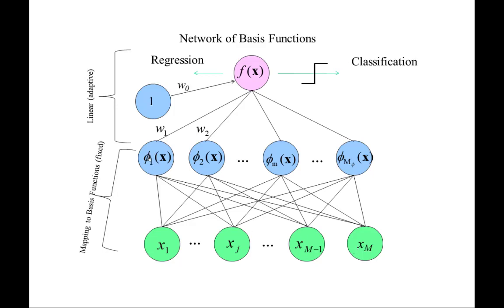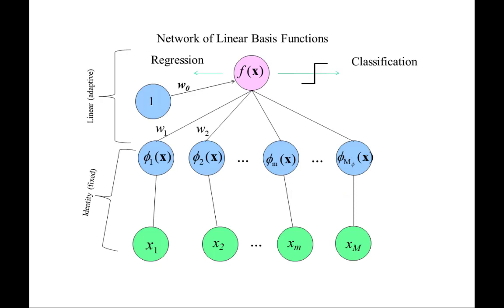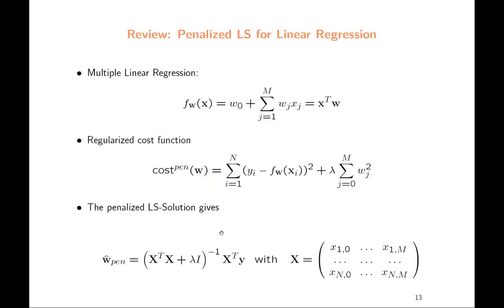Then the basis functions calculate their responses, and then we form a linear system to do the prediction. Also a linear function can be written with basis functions, where the basis functions would be individually tuned to the individual inputs, but you can also look at them as a basis function system.